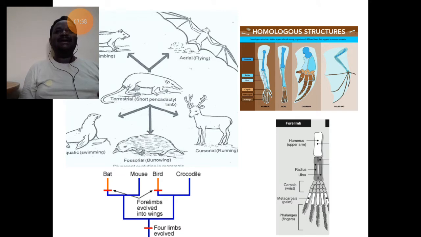So when we look at, all the vertebrate mammals are originated from a common mammalian ancestor. As they entered into different lifestyles and environments, they had modified forelimbs to suit for that environment.